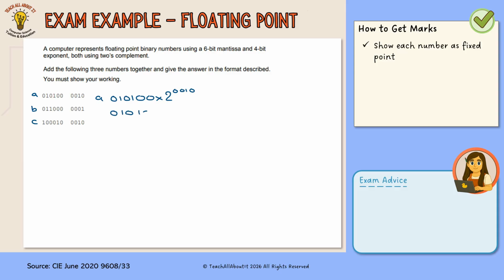I'm going to convert that exponent into a denary number, and I'm going to bounce the binary point between the 0 and the 1 back into its fixed point location, and that is going to give me my fixed point representation for number A. I'm going to do the same with B. In this case we have a similar number, a different exponent, and we put it in the same representation. Again, we can put that in as a denary number and use our very short bouncy line to move it by 1 place.